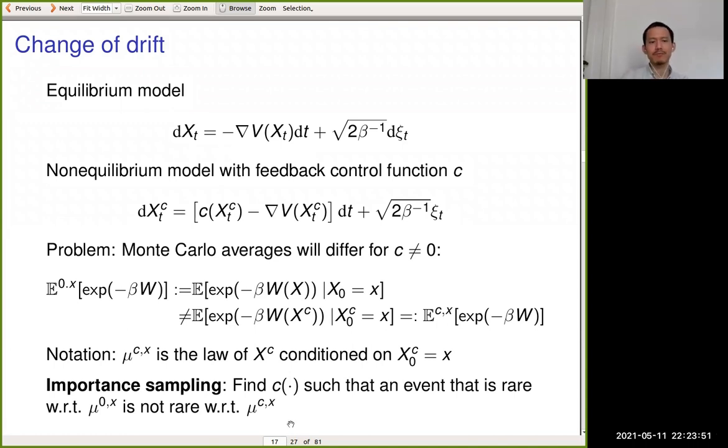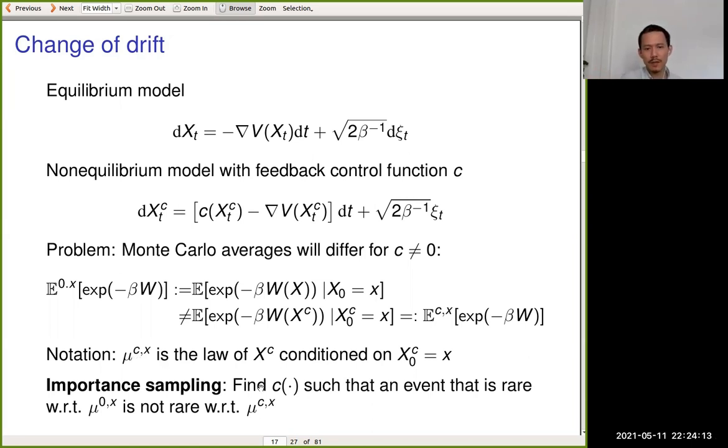Okay. So now that I've introduced a whole family of probability measures, mu^C_x, parameterized by the initial condition x and the control C, or the feedback force C, what we can do is use importance sampling. What does that mean?